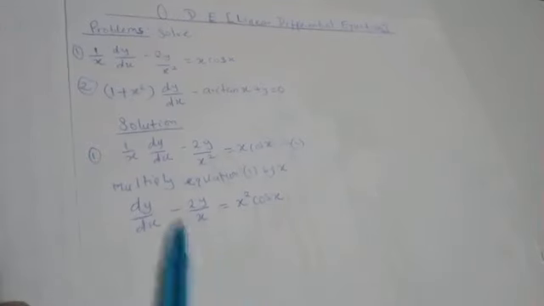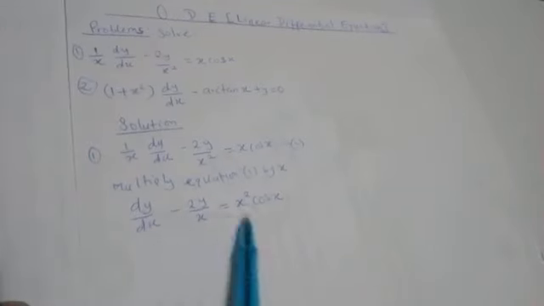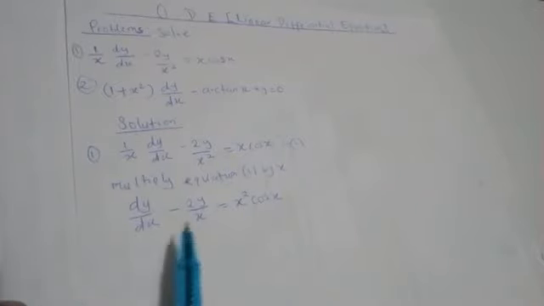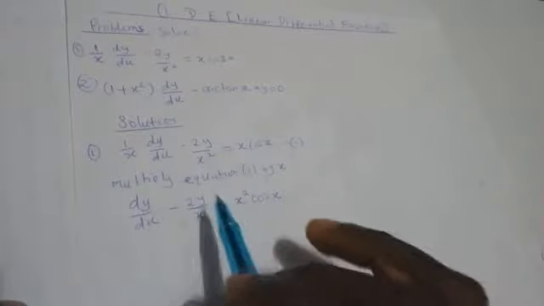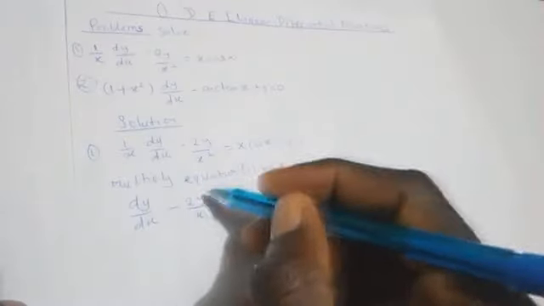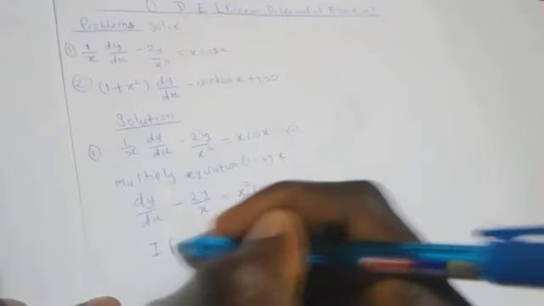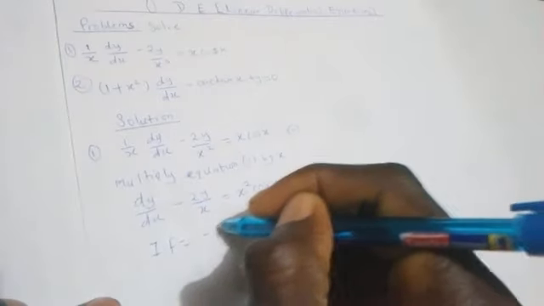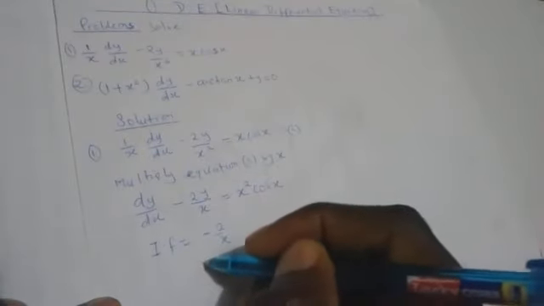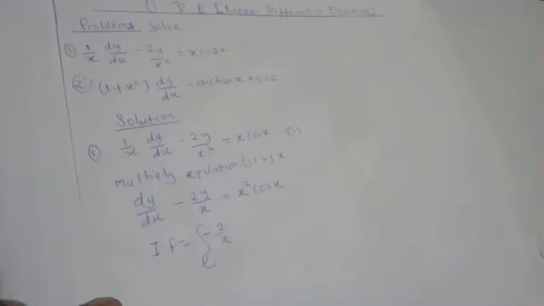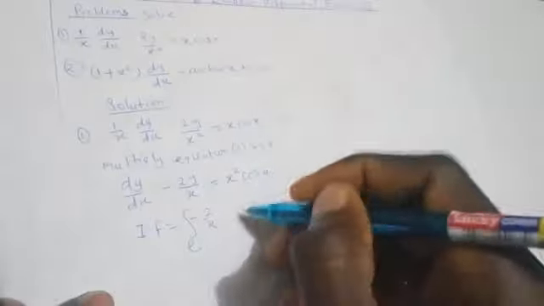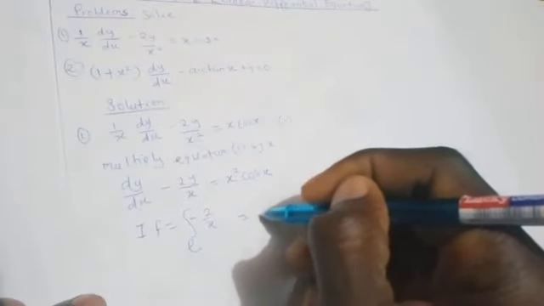Now we need to solve this. This is different from the separable method. In this case, you are going to get an integrating factor, and your integrating factor comes from the coefficient of y, which is negative 2/x. You are going to find an exponential of the integral.